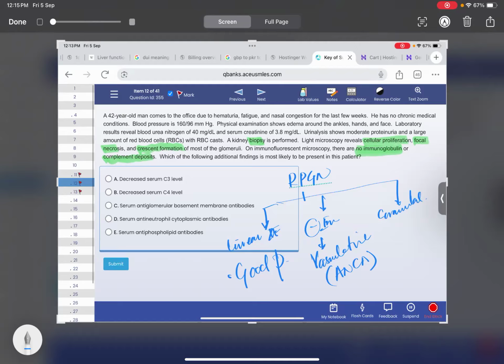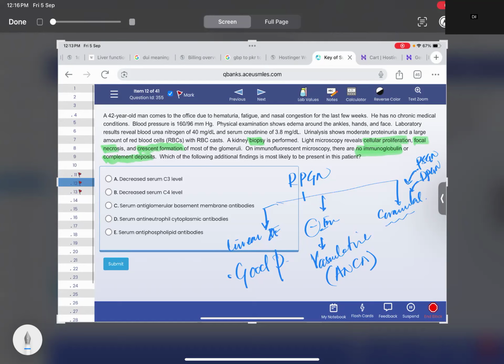So granular, post-streptococcal, right? What other? Diffuse proliferative glomerulonephritis. So all these can lead to our PGN, okay?